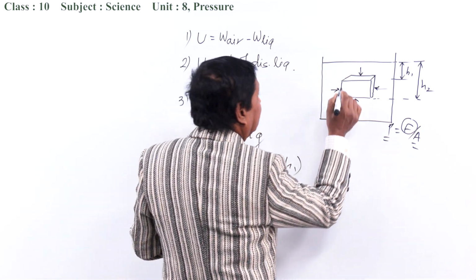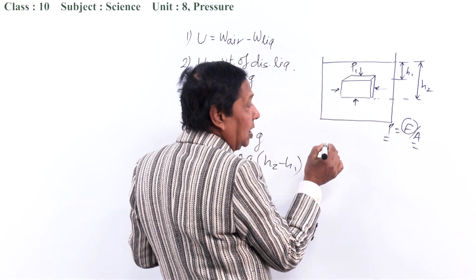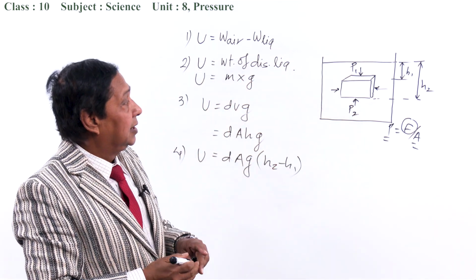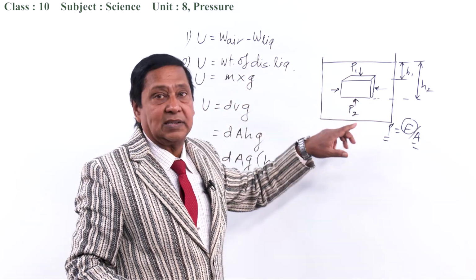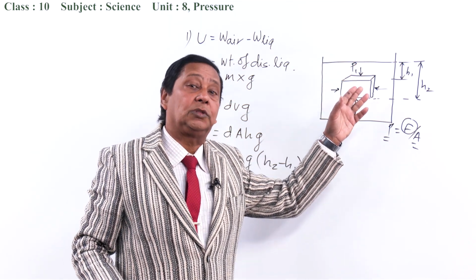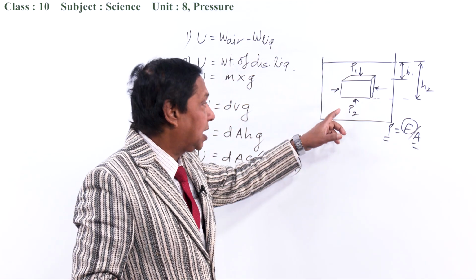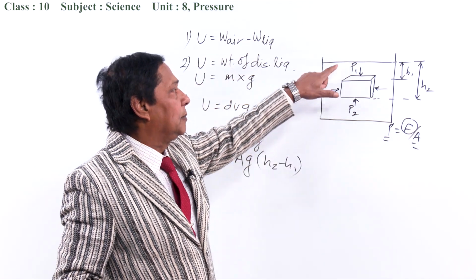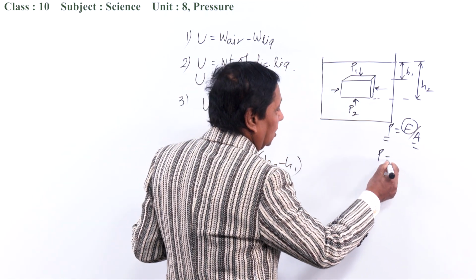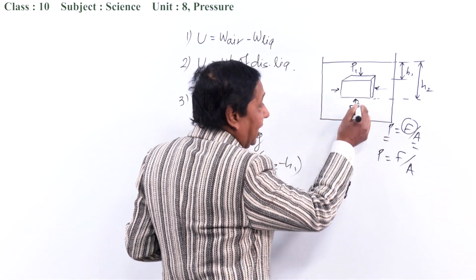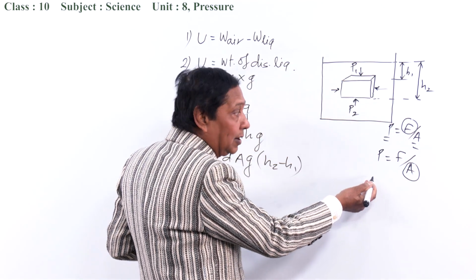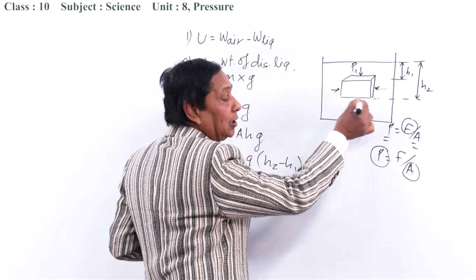But the pressure acting on the upper side, P1, and the pressure acting from the lower side are not equal, because the lower surface lies at greater depth than the upper surface, and pressure of liquid increases with increase of depth. So, pressure on the lower surface is more, pressure on the upper surface is less. Now we use the same equation, P equals F by A. The area of this surface and this surface is equal. Even with equal area, why is pressure more at the lower surface?